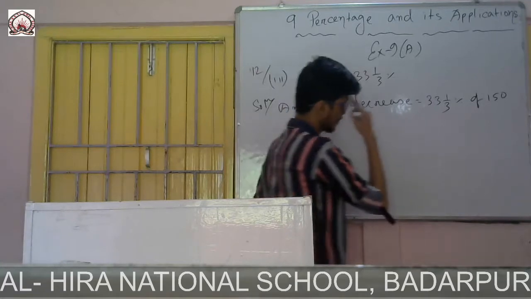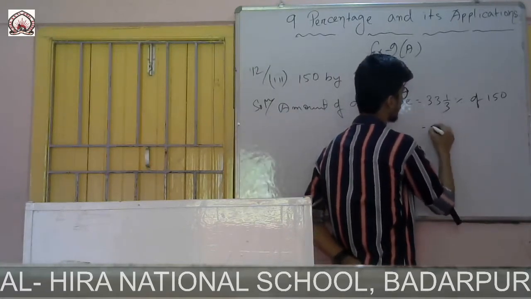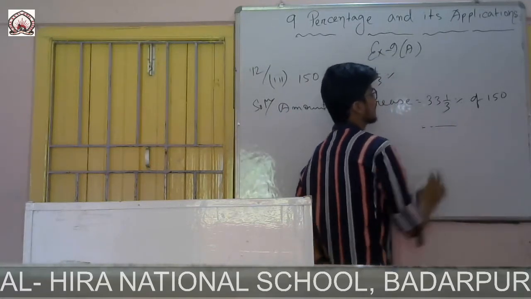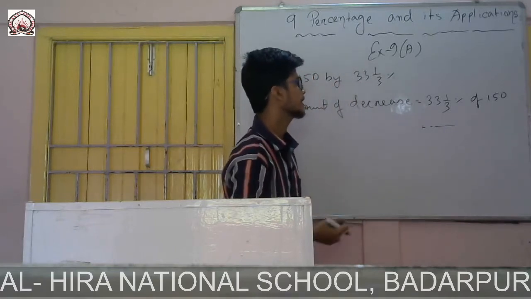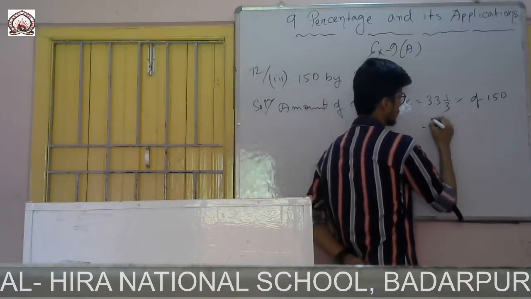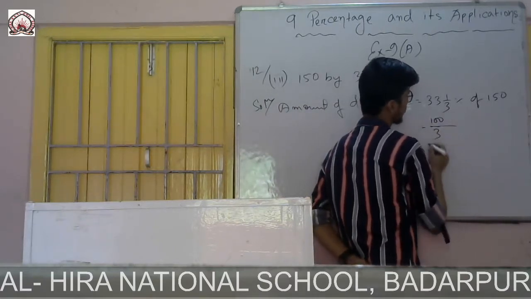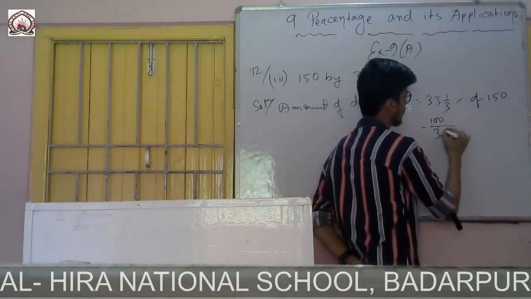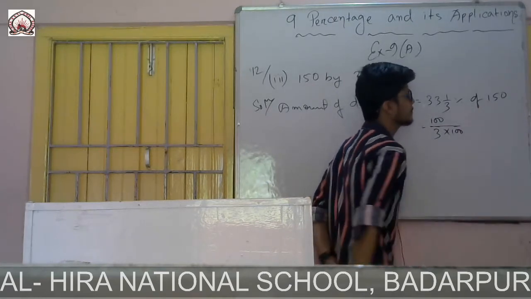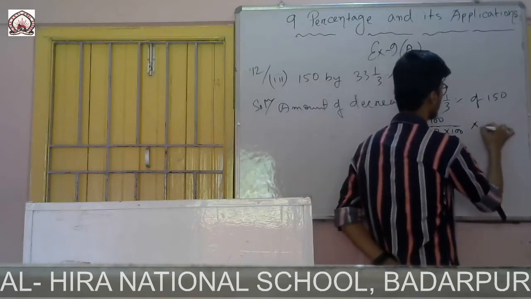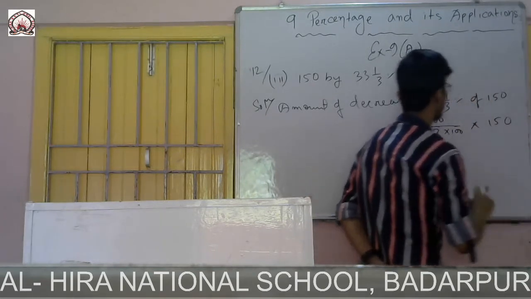First of all, I need to find what this value is. If I convert the mixed fraction, it will be 3 into 33, which is 99, plus 1, it is 100. So 100/3, and since there is a percentage, divide by 100, and "of" means multiply into 150.